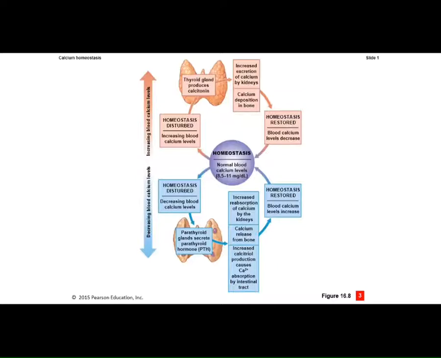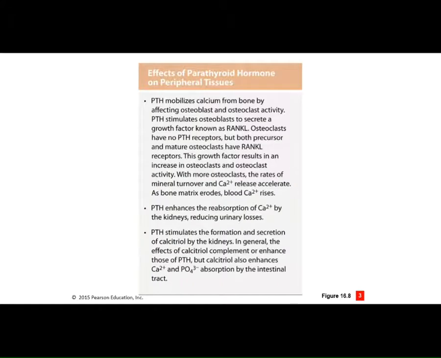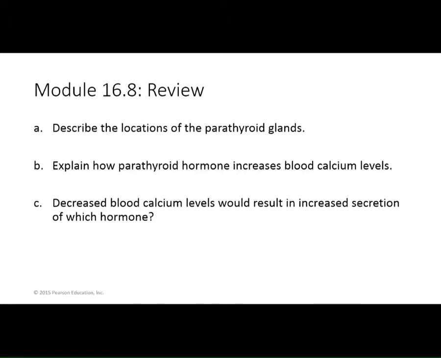So we thought for a while we were talking so much about sodium and potassium. Calcium also is extremely important in your overall homeostasis. Okay, so these little charts are nice. They help you understand what these different hormones are doing.